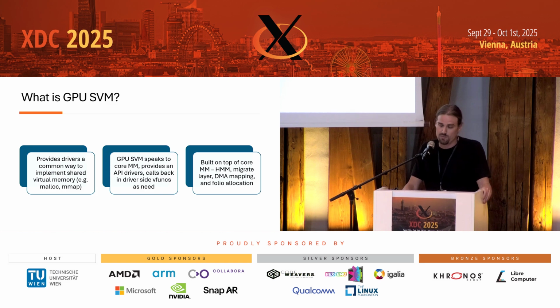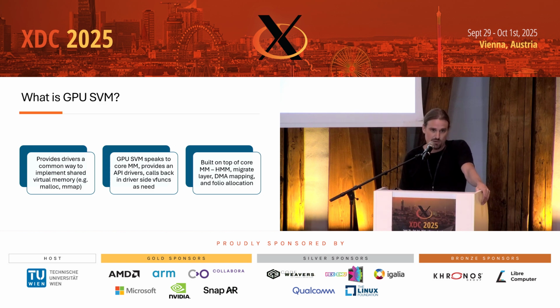The core MM functions it's built on top of are HMM, which is Heterogeneous Memory Management. That's a way to mirror the CPU address space into the GPU address space. You can do that with one set of page tables or two sets of page tables. In the case of the XE driver, we do that with two sets of page tables.